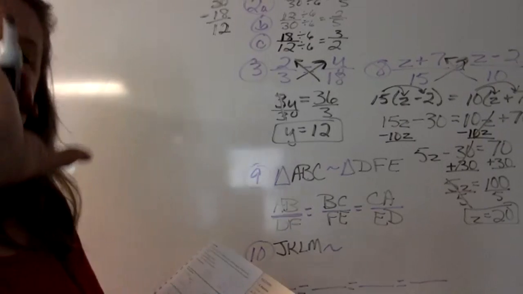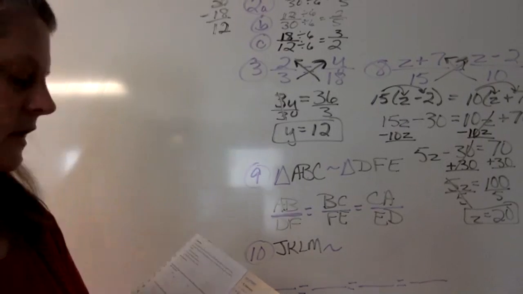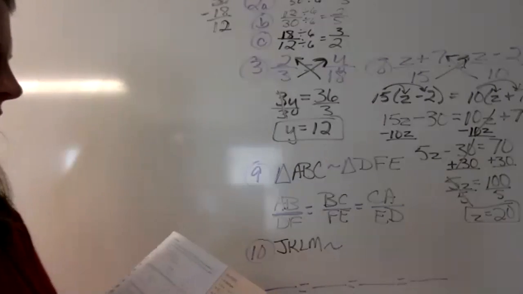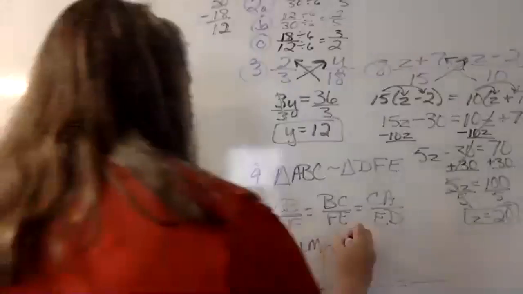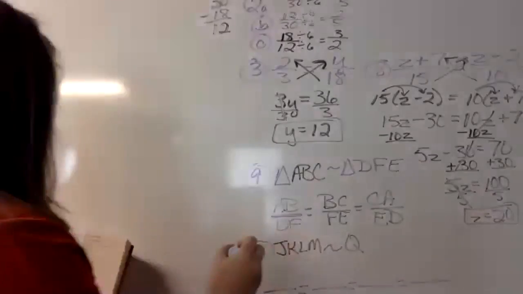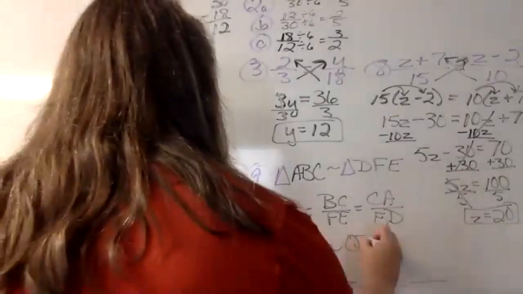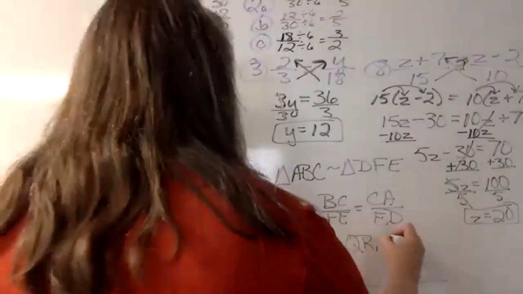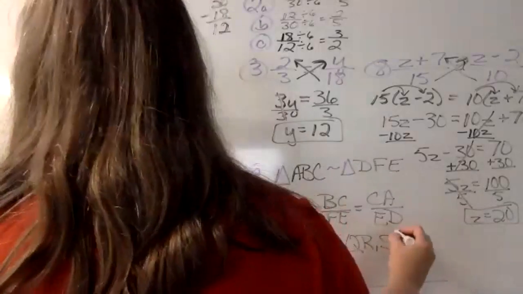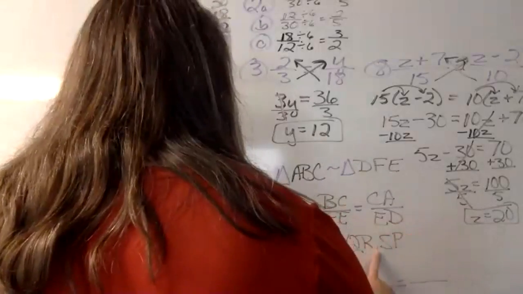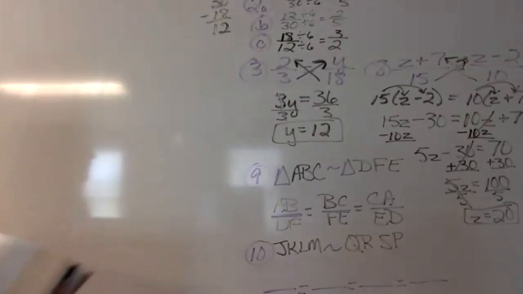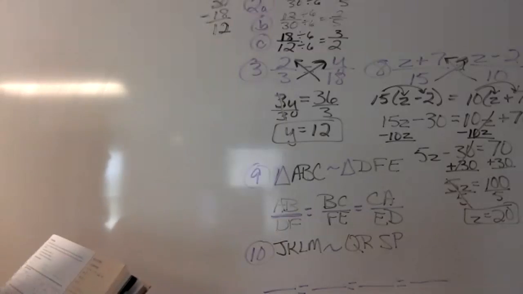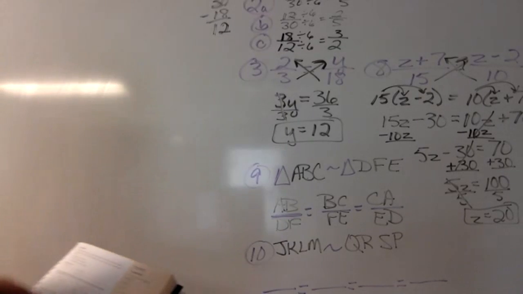It's just turned sideways, right? So J matches up with Q, R matches up with the K, and you follow it around, S and P. Q, R, S, P. You just follow it around, what matches up.